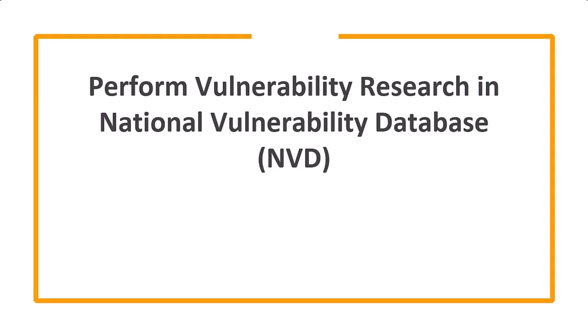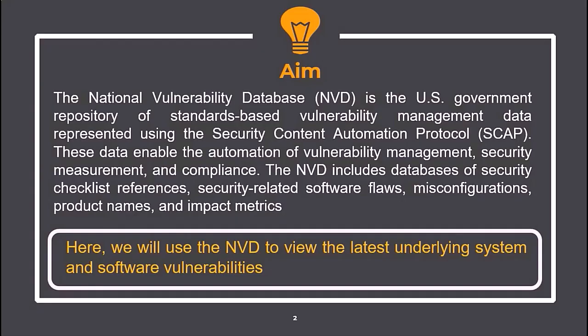In this video, we are going to see how to perform vulnerability research in the National Vulnerability Database. The National Vulnerability Database, or NVD, is the U.S. government repository of standards-based vulnerability management data represented using the Security Content Automation Protocol.